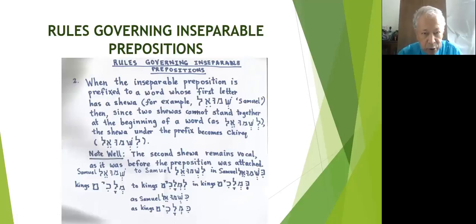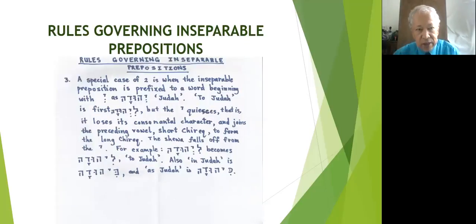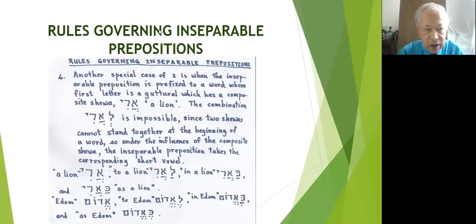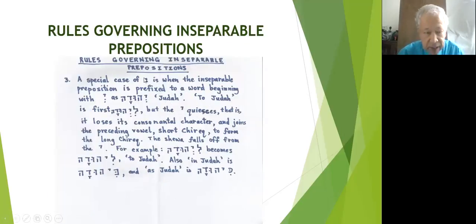Remember, number 2 says that two simple schwas cannot be together side by side. So the first simple schwa, which is under the preposition, is lengthened to a short hirik. And then this rule says, if you have a quiescent letter that starts a noun, then something else happens.